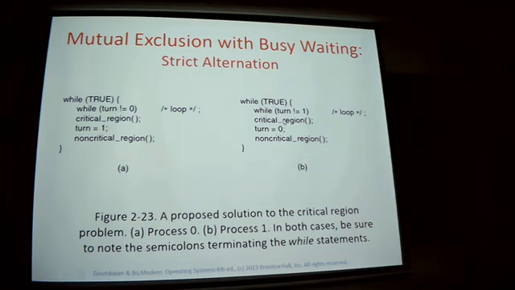After process 1 has finished its task, we change the value to 0, and process 1 leaves the critical region. So from the right part, if the value is 1, process 1 is in the critical region. On the contrary, if the value is 0, process 1 is not in the critical region. So we just combine these two programs.